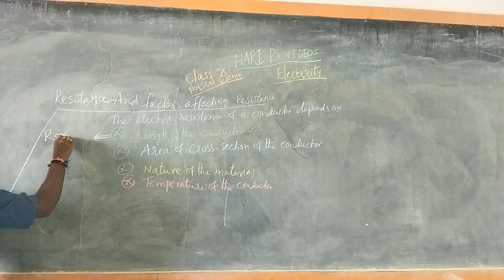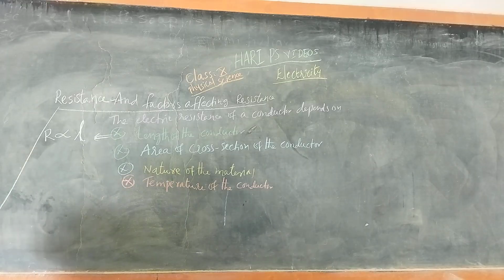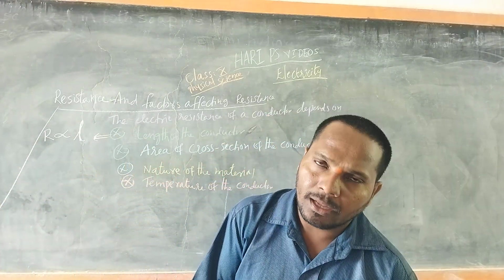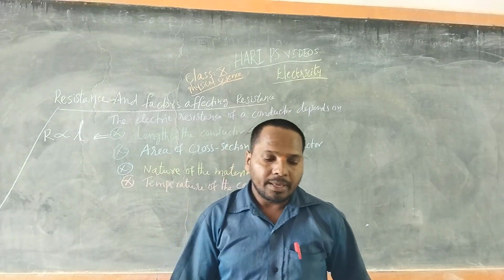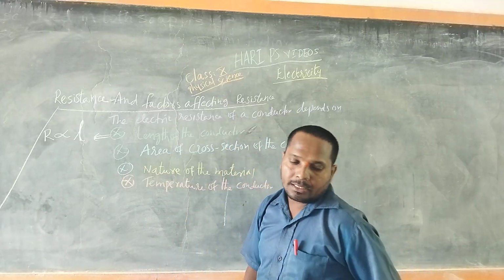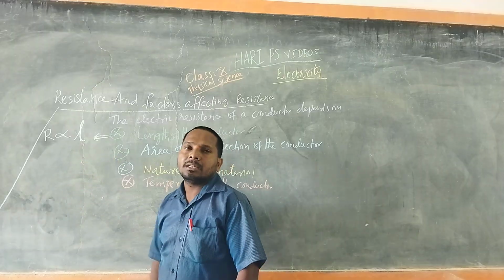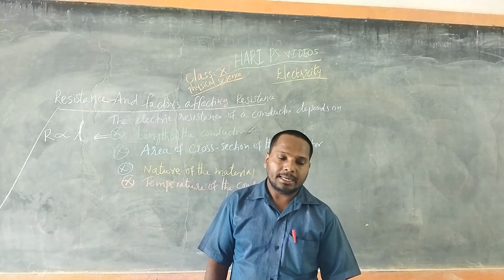R is directly proportional to length of the electric conductor. If the length increases, then the resistance of the electric wire also increases. So R is proportional to L. Here L means the length of the electric conductor.